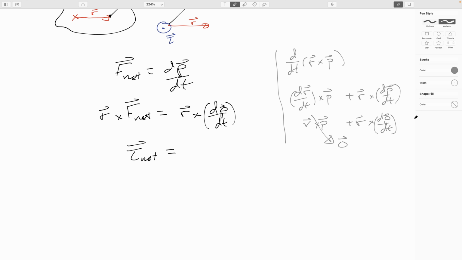So what that means in this case here is where I see this r cross dp/dt business, I can replace that with d/dt of r cross p. But r cross p is the angular momentum. So I can rewrite this as the net torque equals dL/dt.